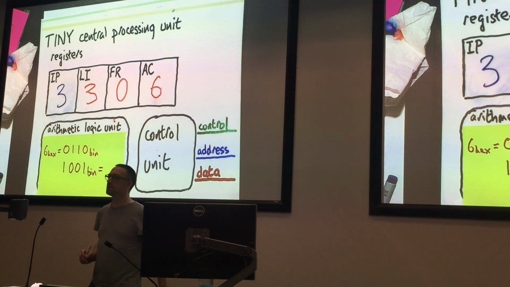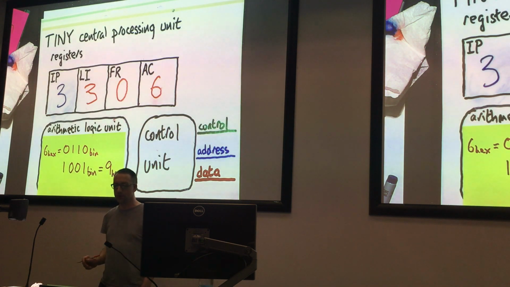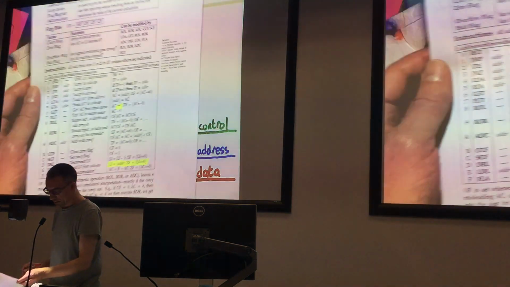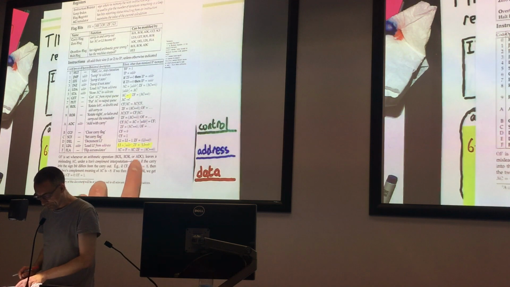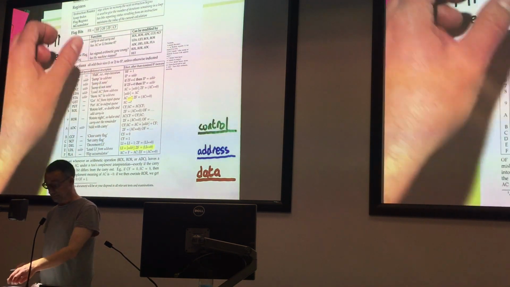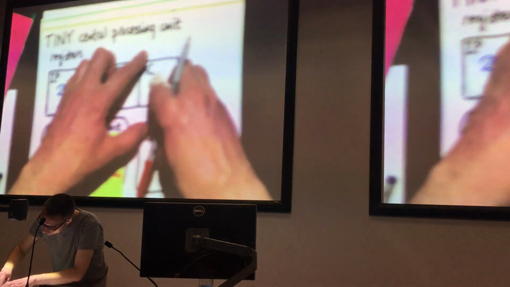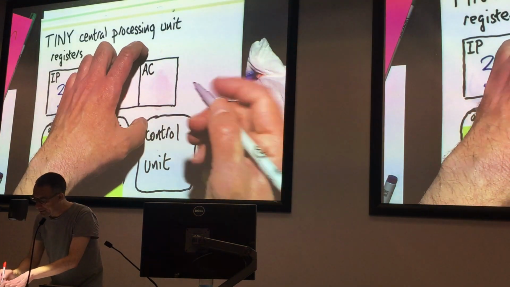What's that in hexadecimal? That's 9 in hexadecimal. So what I have to do, according to the instructions, is to update the accumulator to be 9 instead of 6. That's one of the things I have to do. Accumulator becomes 9.